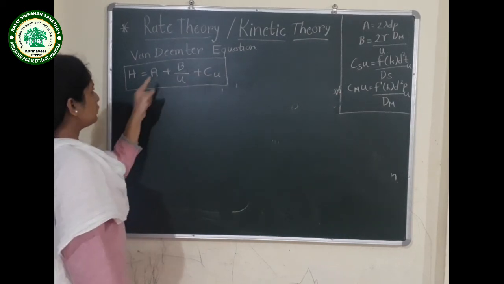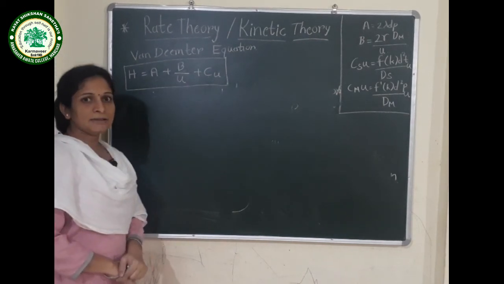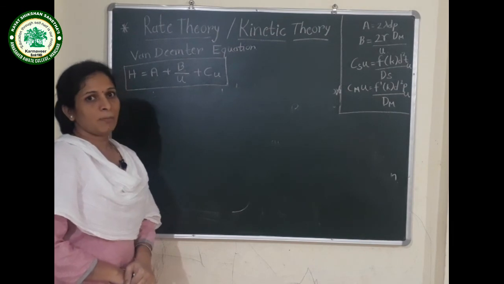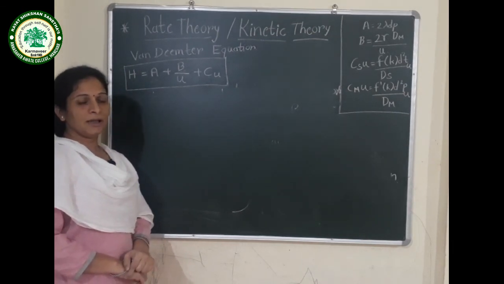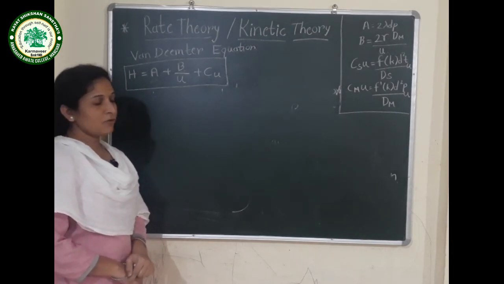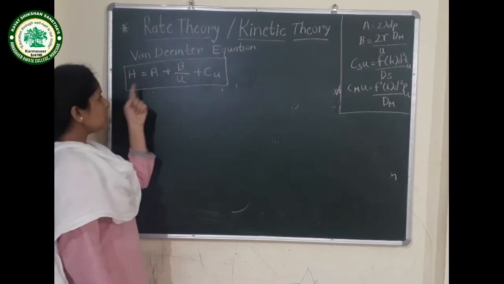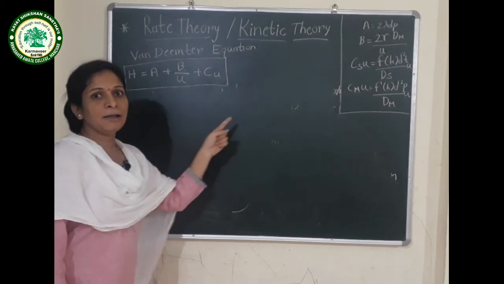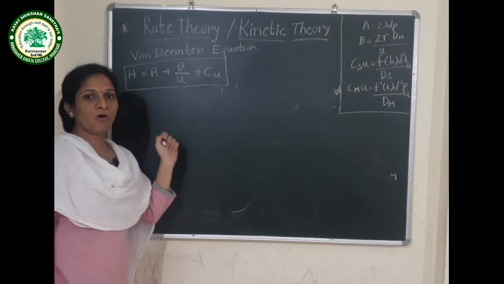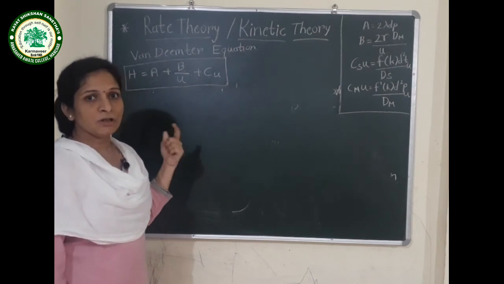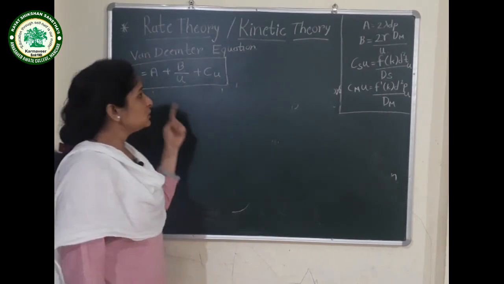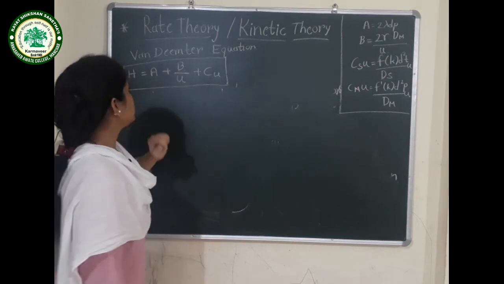And eddy diffusion is absent in gas chromatography. It is present only in liquid chromatography because only liquids follow the multipath. Gas will not follow the multipath. Gas will show the turbulence effect and it shows the longitudinal diffusion.